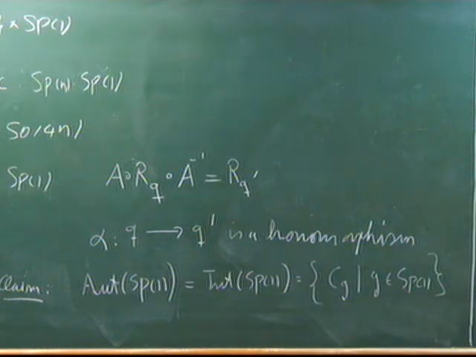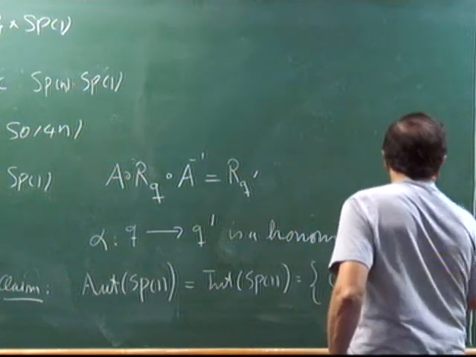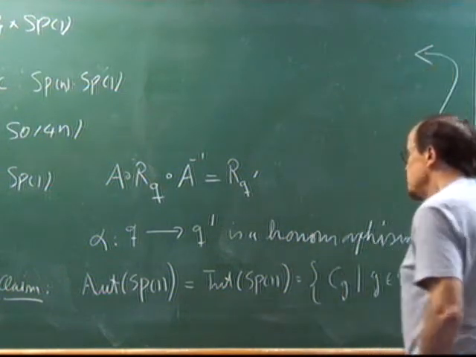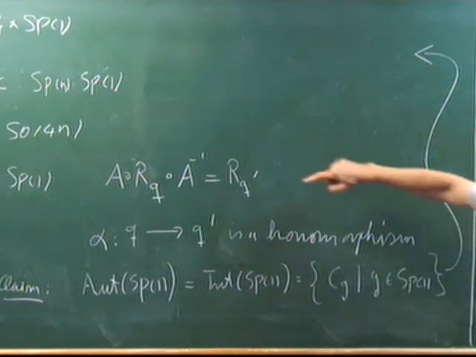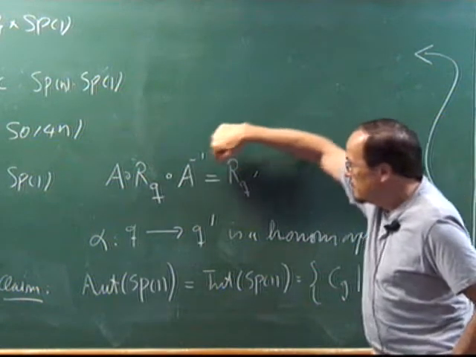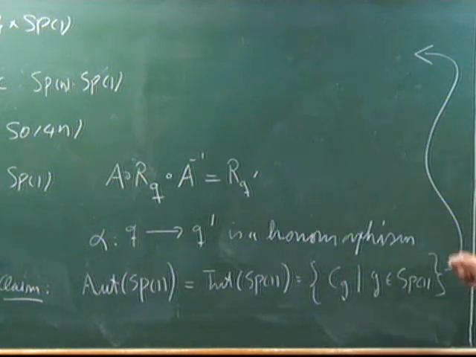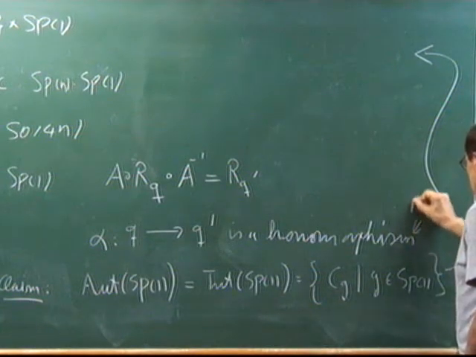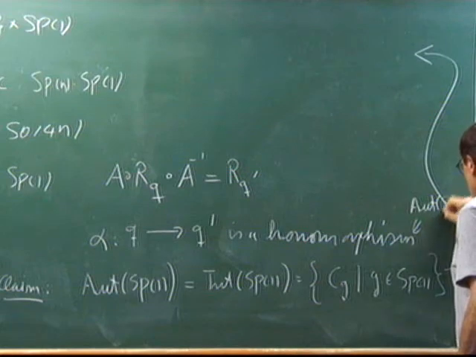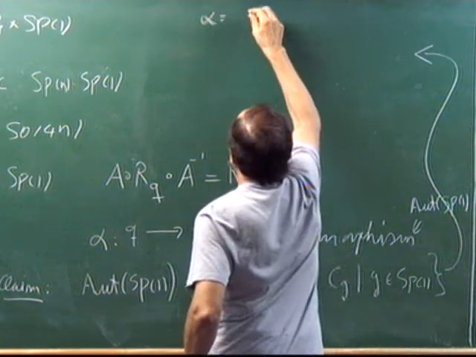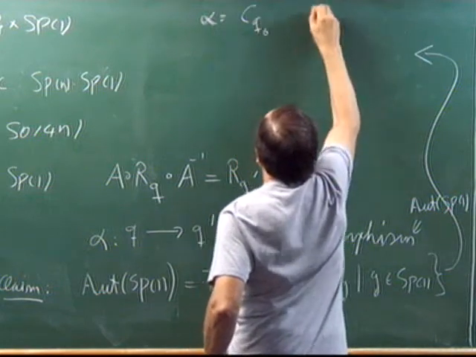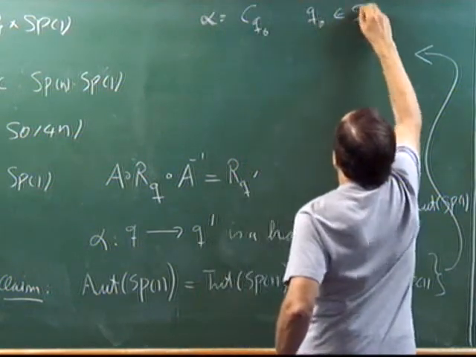If I know this, from the claim, this does what I want, because this would then mean that here's my homomorphism. Of course, it's not hard to show that this is also an isomorphism. So this homomorphism actually lies in Aut(Sp(1)). So it's given by conjugation. So alpha is conjugation by some element q_0 in Sp(1).